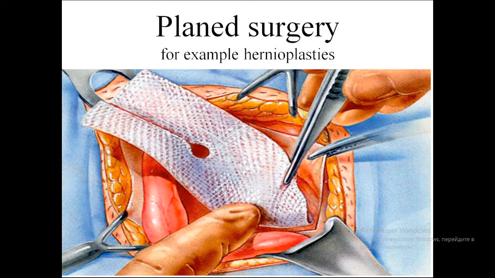Now, for example, in this slide, you can see the planned surgery. For example, you can see in this slide the hernioplasties. When the patient has a hernia, this patient needs surgery. This surgery is called hernioplasty.